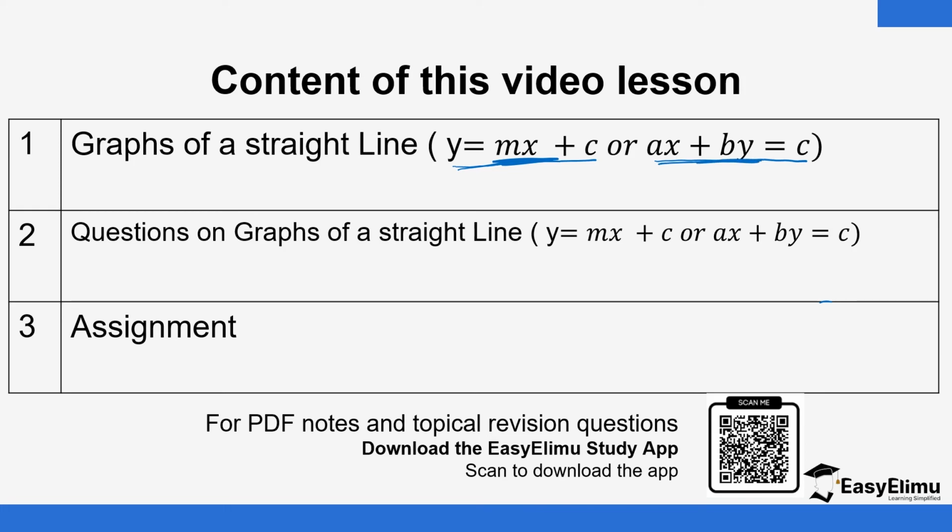They could be slanting, either sloping upwards from left to right or sloping downwards from left to right. We have questions on the same to help us with illustrations on how that can be done.